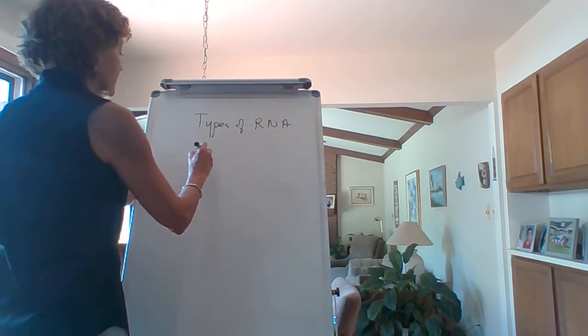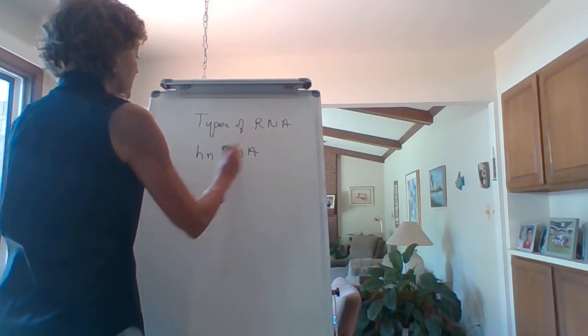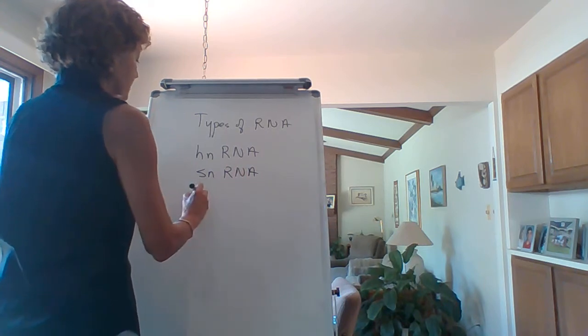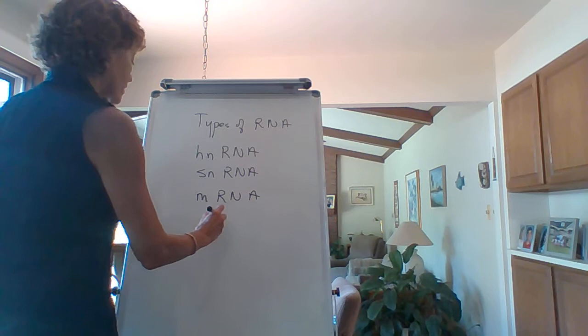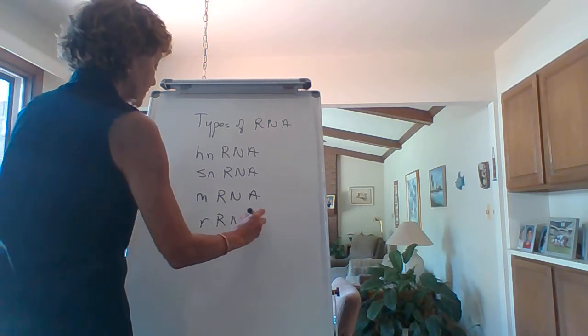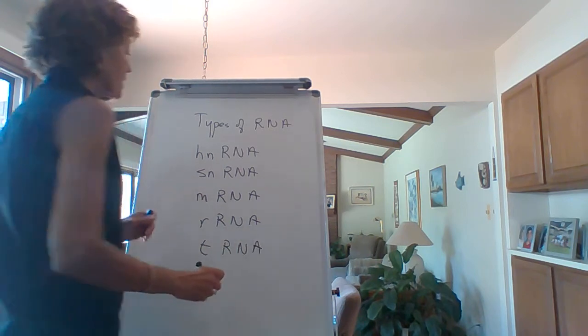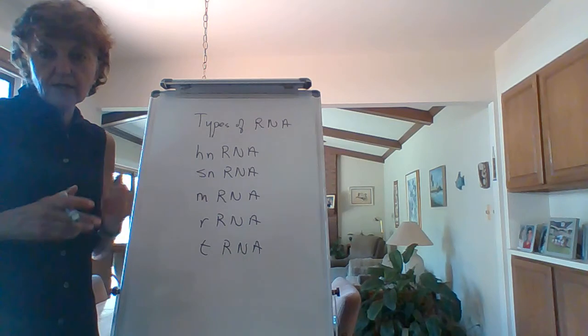There's heteronuclear RNA. There's small nuclear RNA. There's mRNA. There's rRNA. And there's tRNA. And we'll be seeing all of these as we discuss transcription and translation.